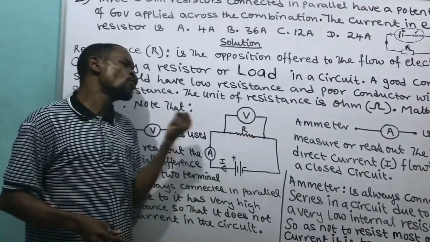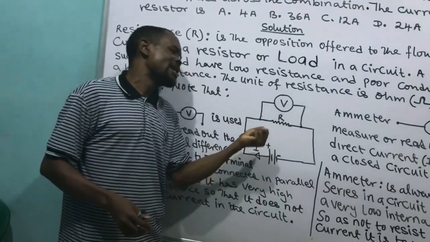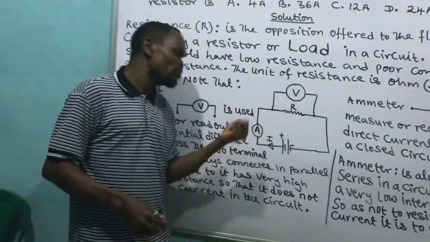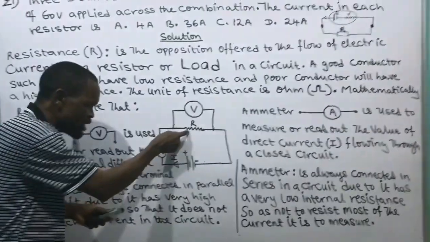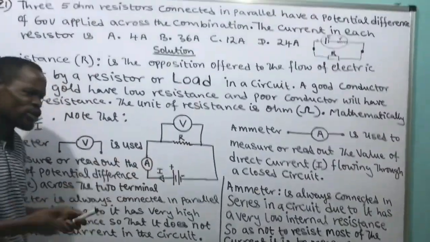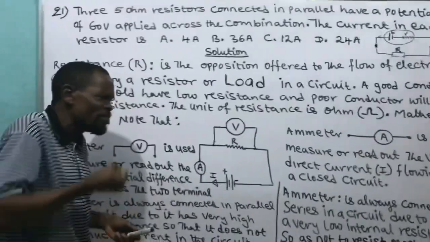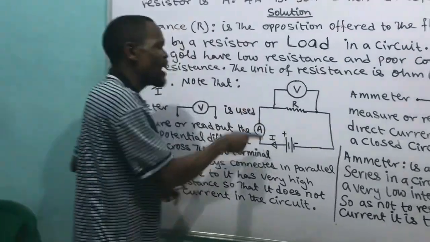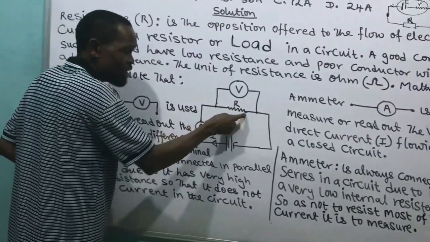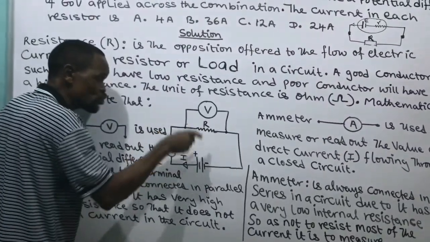It is what this load consumes, the opposition which this load offers. As this load is consuming current, it uses current to survive. That current times the resistance gives me the voltage drop. And that voltage drop is what this voltmeter is used to read.